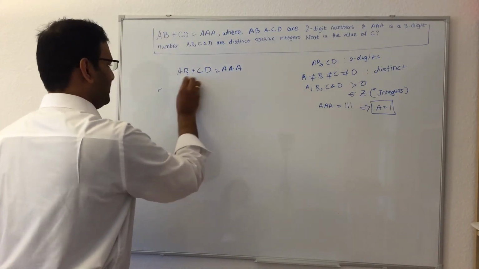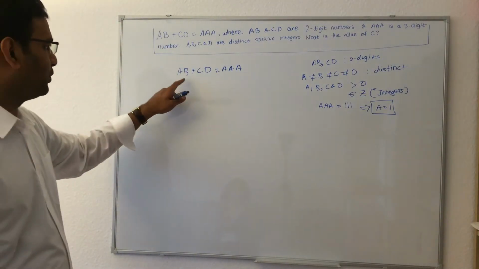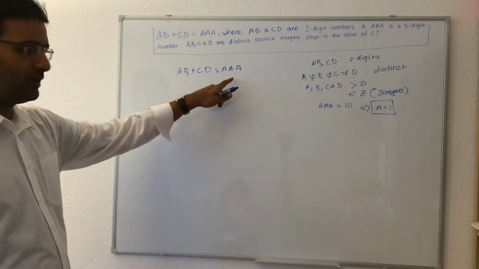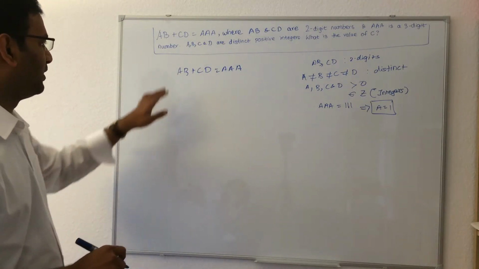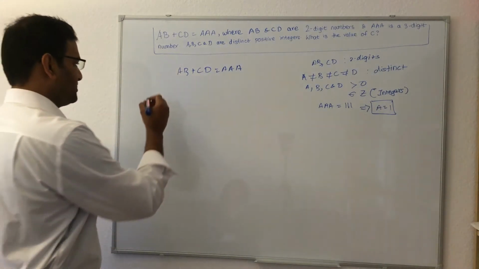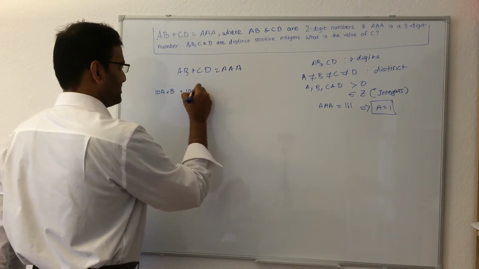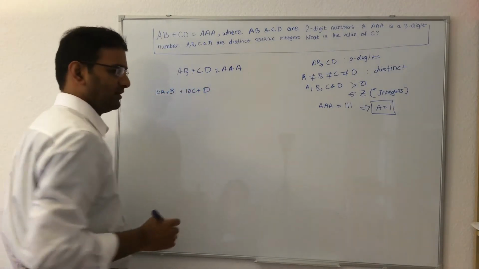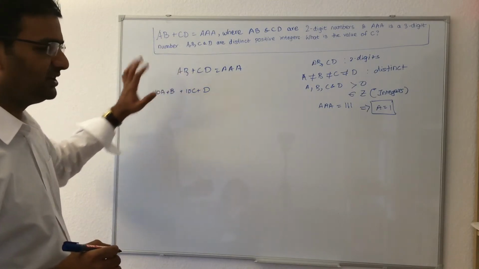To do that, we are going to decompose the left hand side and the right hand side of the equation, eliminate some factors and arrive at the value of C. We could rewrite the left hand side of the equation as 10A plus B plus 10C plus D. And the addition adds up to AB plus CD.